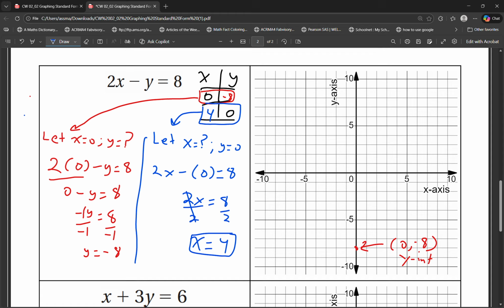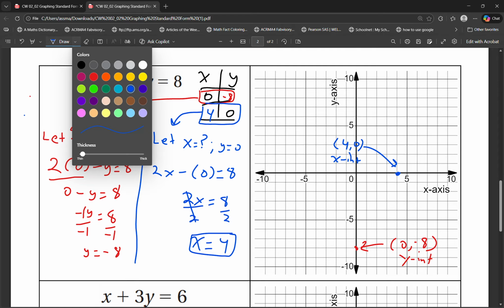So that just means that on the x-axis, we go to 4. So we go 1, 2, 3, 4. So it hits right here. So this here is our ordered pair 4, comma, 0. And this is our x-intercept, because it crosses the x-axis at that point.